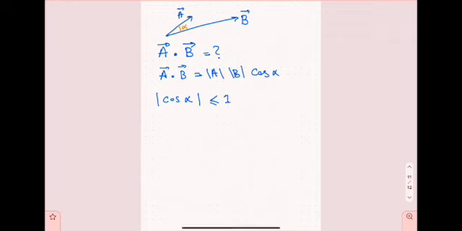Now combining these two together, if we take the absolute value from both sides, then we can write that the absolute value of A dot B is always equal or less than the absolute value of A multiplied by the absolute value of vector B.